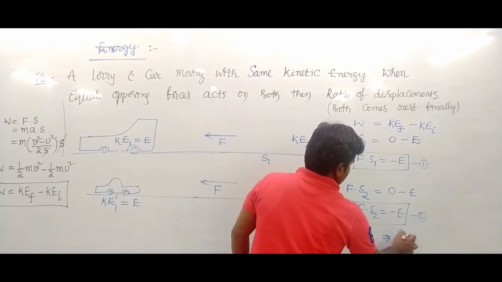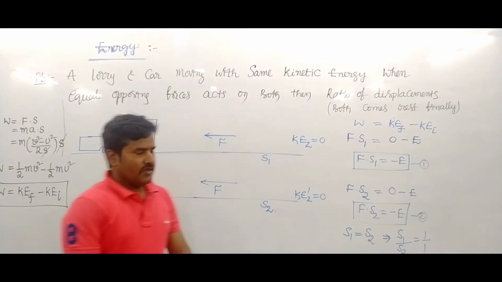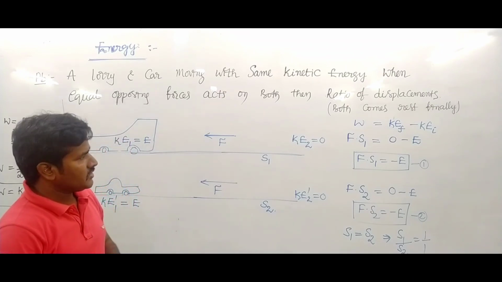Where we want the ratio S1 upon S2, it is 1:1. If initial kinetic energies are the same, S1 is to S2 equals 1:1.